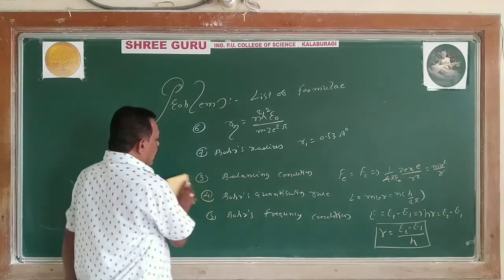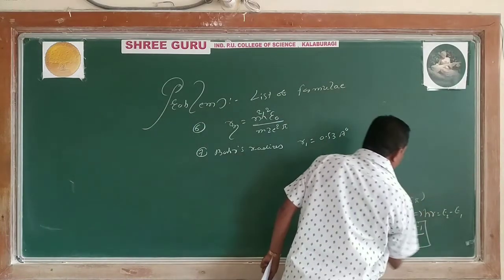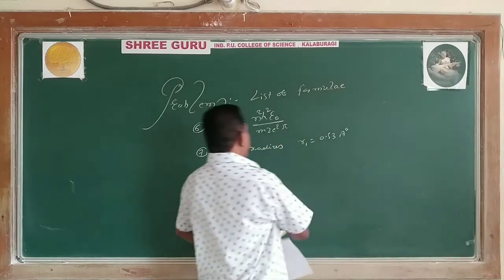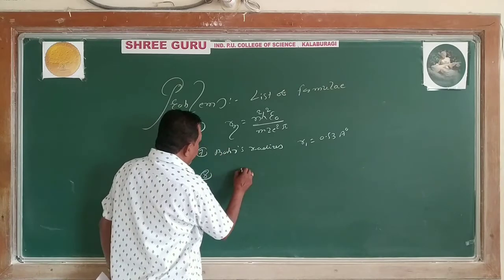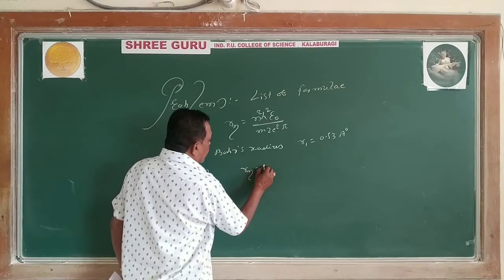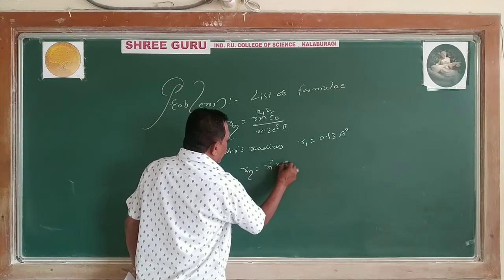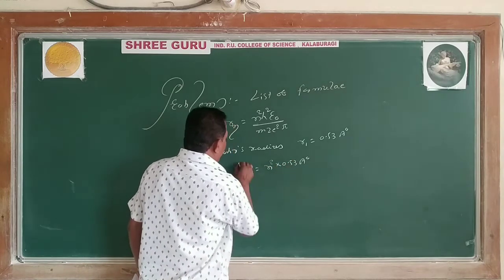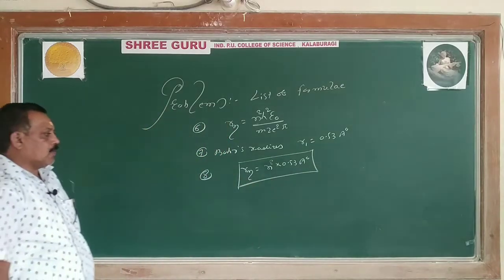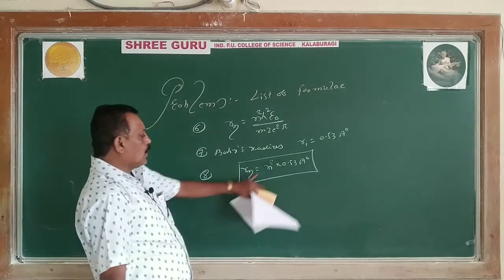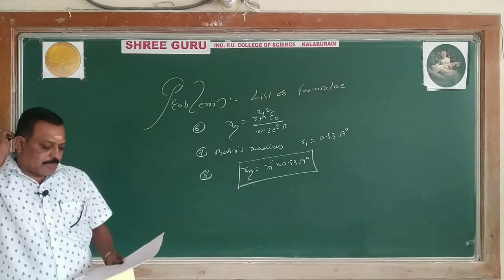If you go for the nth orbital radius for Bohr's atom, Rn equals n square into 0.53 angstrom for the hydrogen atom. For the first orbit n equals 1, second orbit n equals 2, third orbit n equals 3, so we can calculate the nth orbital radius for the hydrogen atom.